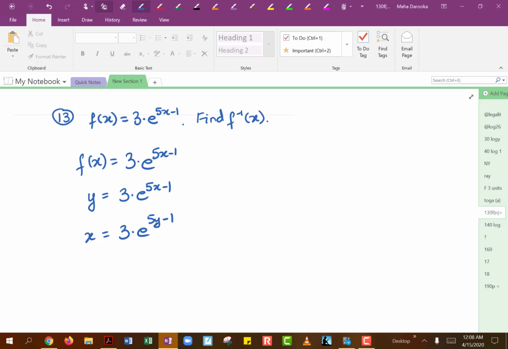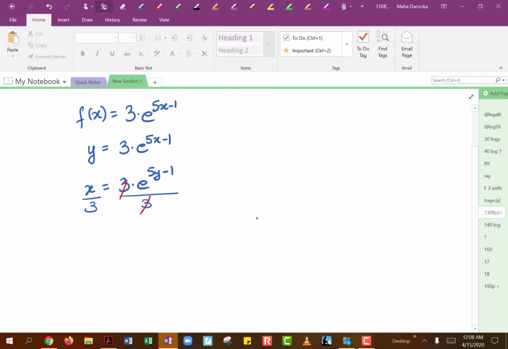Since we're multiplying 3 into that base e, to get rid of it, we divide both sides by that number 3. So you can leave it as x over 3, or normally I just write that as 1/3 x will equal e raised to the power of 5y minus 1.